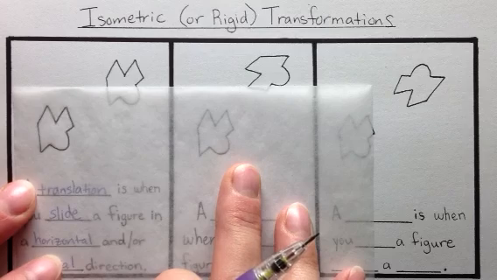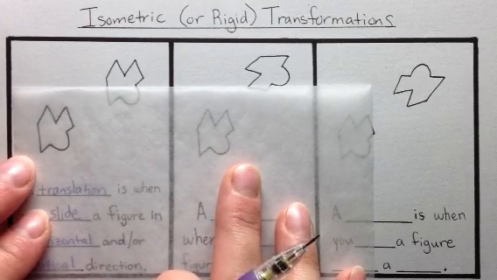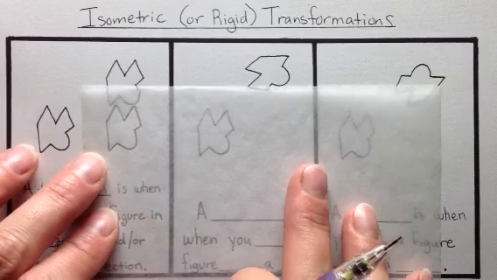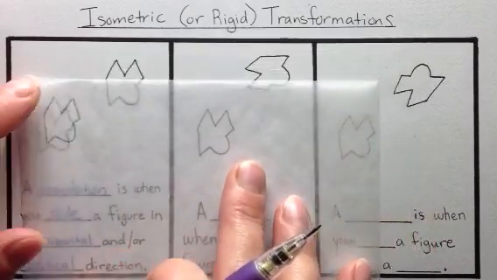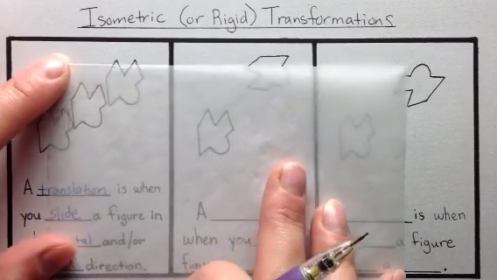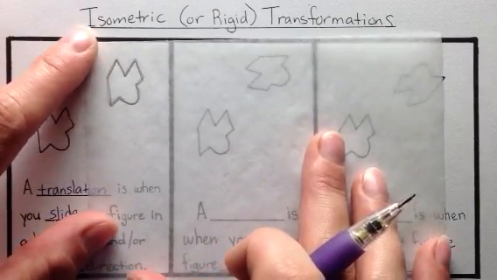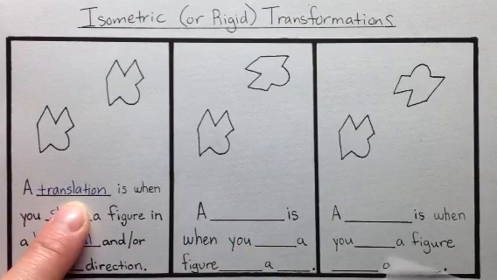Okay, and I said you could describe it as a horizontal and vertical shift. So it's a horizontal to the right and vertical up shift. So if I can take my paper and slide my tracing paper, trace my figure and slide it to the next figure, then I know what I'm looking at is a translation.